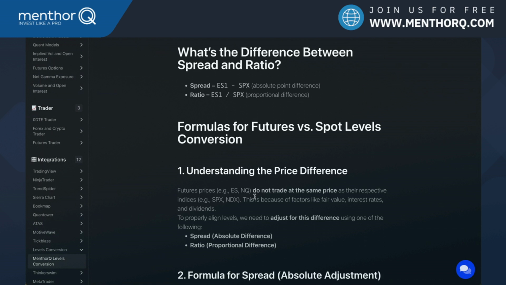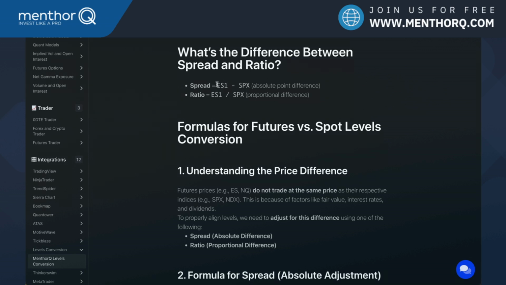There are two ways you can convert levels. First is the spread, which is basically one asset minus the other one. Second is the ratio, which is one asset divided by the other one. The calculation is very, very similar. We are taking, in this case, the asset that we are converting to. In this case, we want to convert SPX to the future.